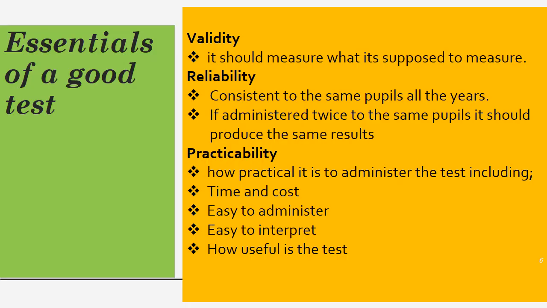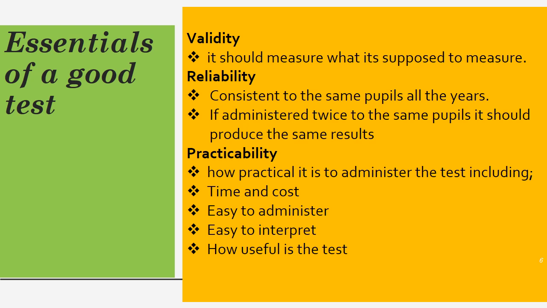Having looked at the disadvantages of an essay test, we can move on to look at the essentials of a good test, or the characteristics of a good test. So the following are some of the characteristics of a good test. The first one is validity. So what do we mean by validity?